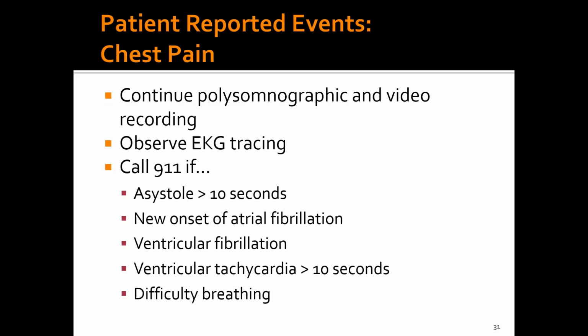Chest pain: continue recording, observe your EKG tracing, and call 911 if you notice asystole for more than 10 seconds, AFib, VFib, VTAC, or if the patient's having difficulty breathing.